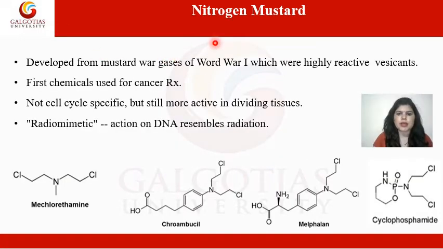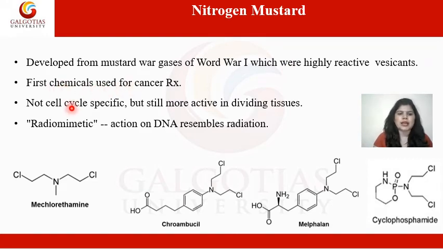Nitrogen mustard compounds, the first category of alkylating agents. These compounds developed from the mustard war gases used in World War I, which are highly reactive vesicants. These agents are used for cancer.